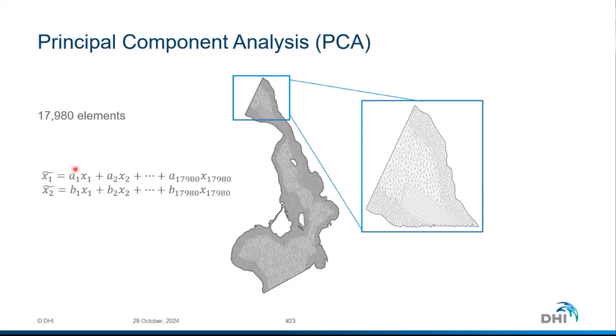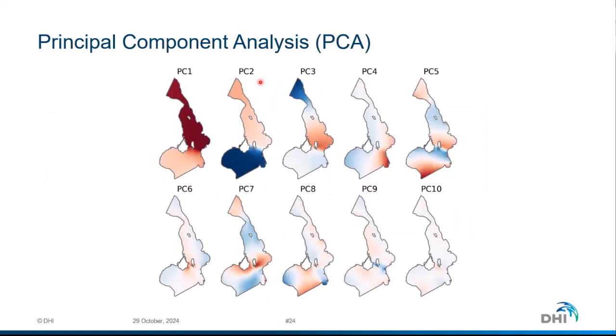It's a linear projection, and the cool thing about it is that we can then look at these coefficients, because there's a coefficient for each of the original dimensions, so for each mesh point. So I can actually plot the magnitudes or the values of the coefficients on this spatial representation.